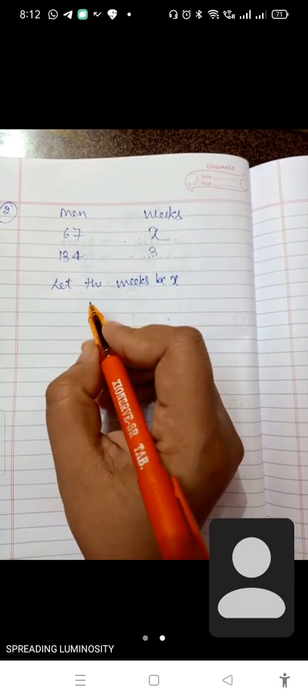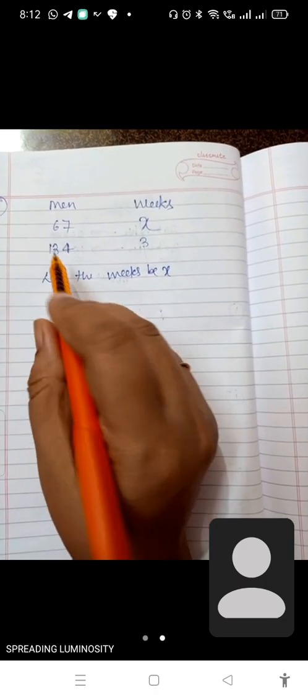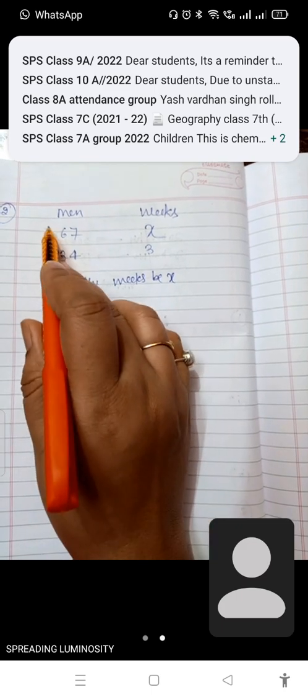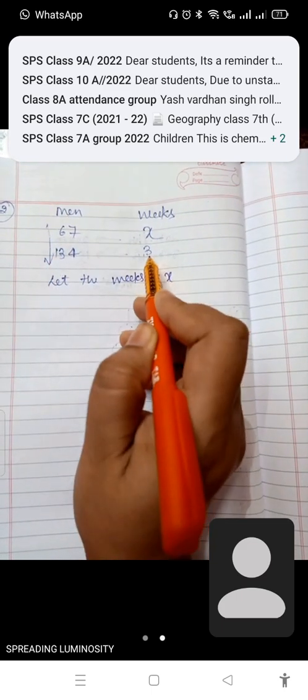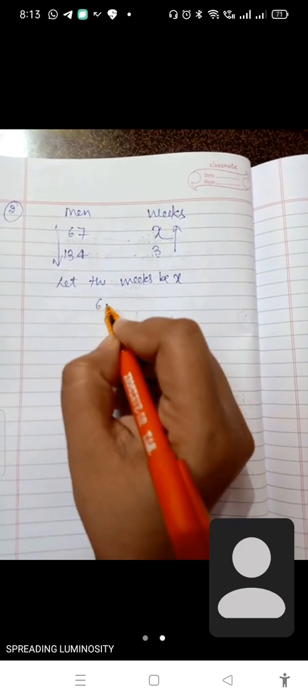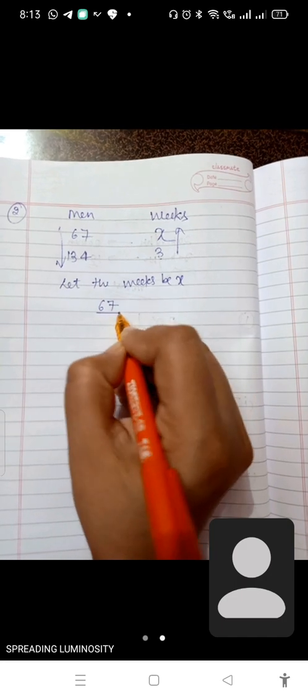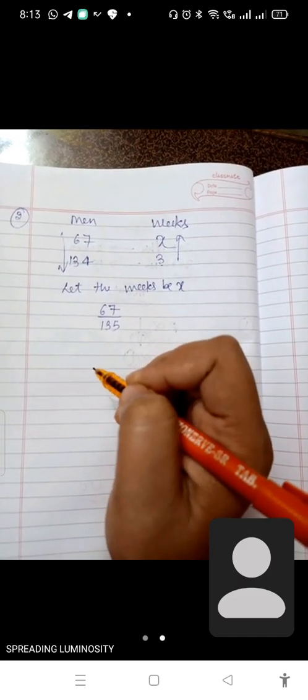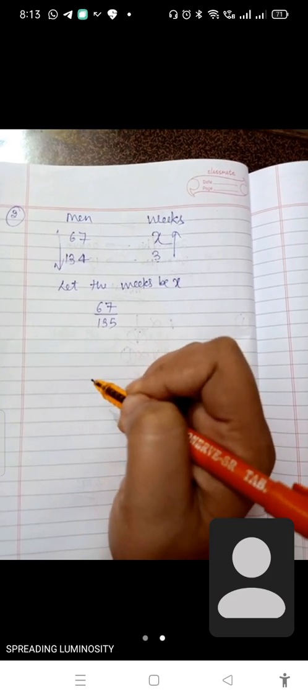It is in inverse proportion. When we increase the number of men, then we see that the number of weeks decreases. So it is inverse proportion. In case of inverse proportion, as I have explained in the previous exercise, we write the numbers in form of ratio or in form of fraction.